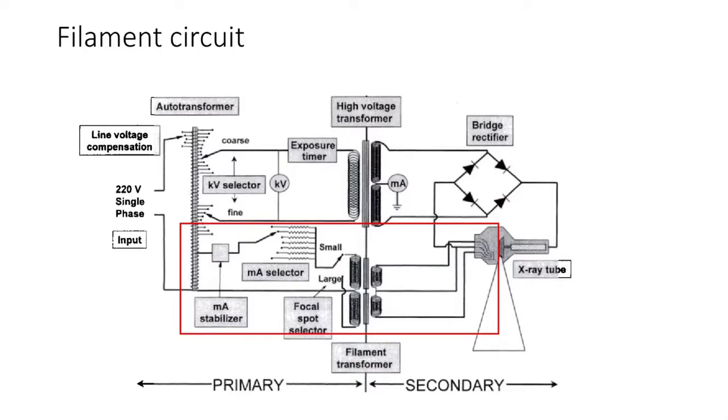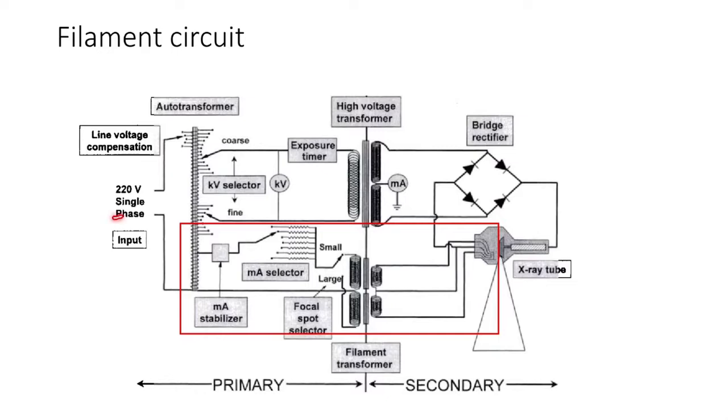The same goes here. This is an ammeter. This is a device that measures how much current is going through. We may have set a particular mA here, but it's good practice to check whether we really are getting that selected mA.